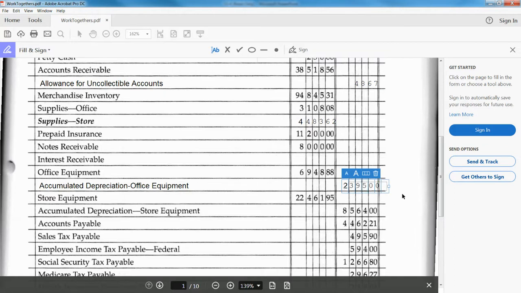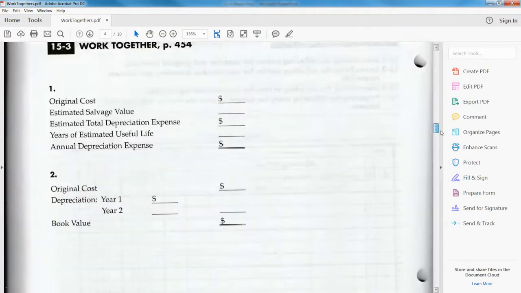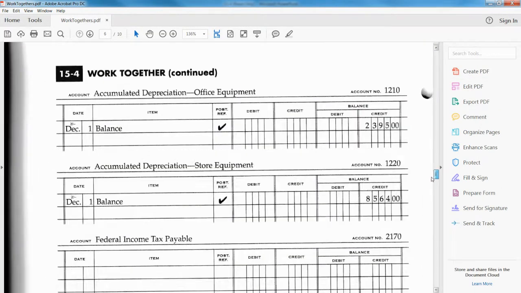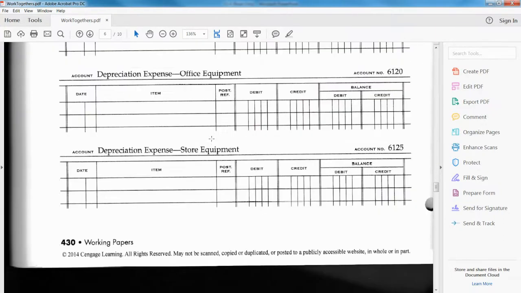And then the last one we needed was insurance expense. So now we have to go back to our ledger and find insurance expense.